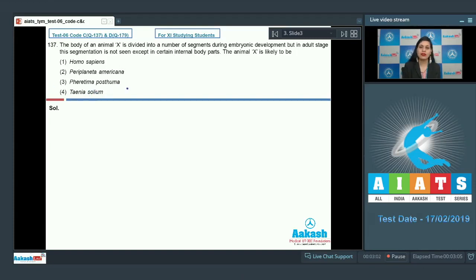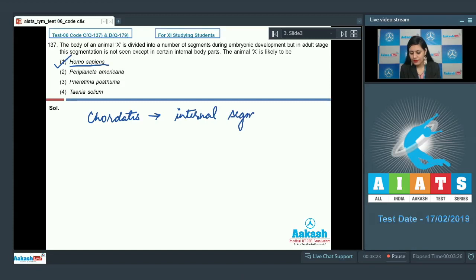And the correct answer to this question is option number 1, Homo sapiens. Because Homo sapiens are chordates and they exhibit internal segmentation or metamerism in certain body parts. Let's discuss rest of the options.